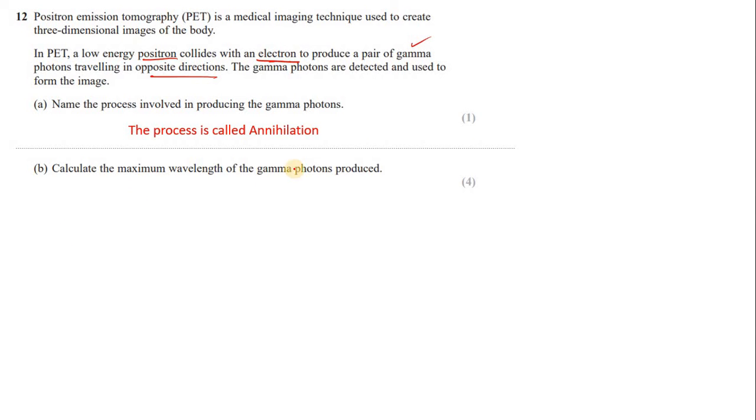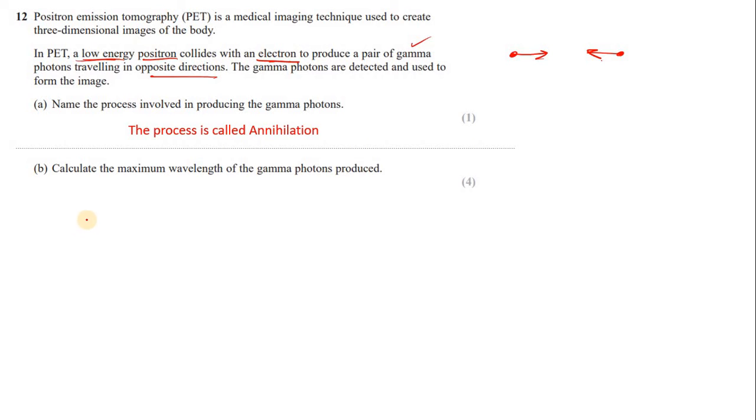Calculate the maximum wavelength of the gamma photon produced. So basically, you need to find the rest mass energy of the process. We have one positron coming, we have another electron coming, so we are going to figure out the energy. So rest mass energy, because they are low energy photons.